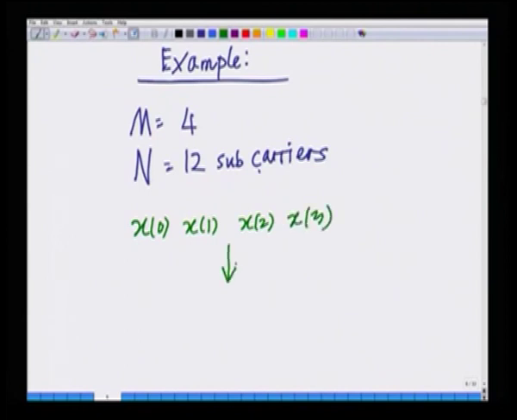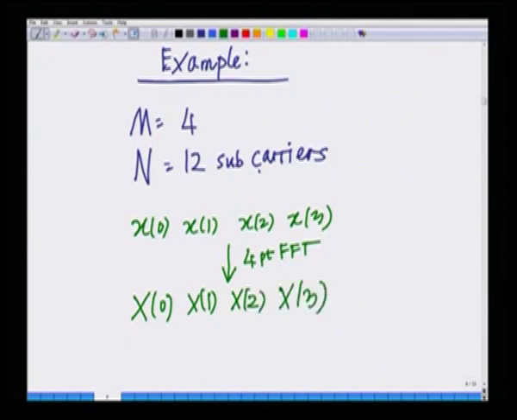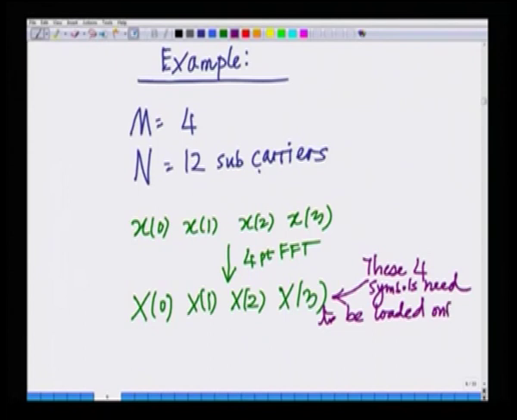I perform the M point FFT, which is essentially the 4 point FFT. These are the symbols that are now to be loaded onto the 12 subcarriers.